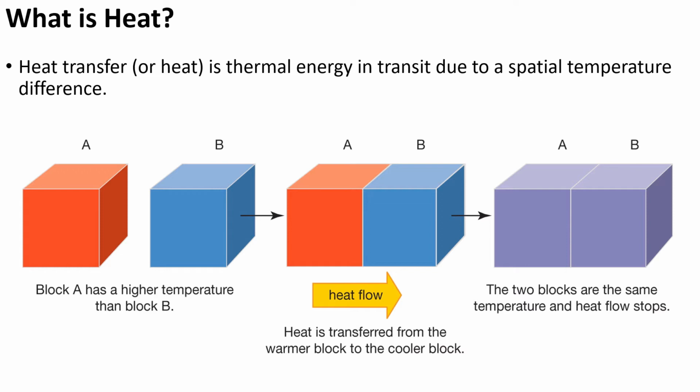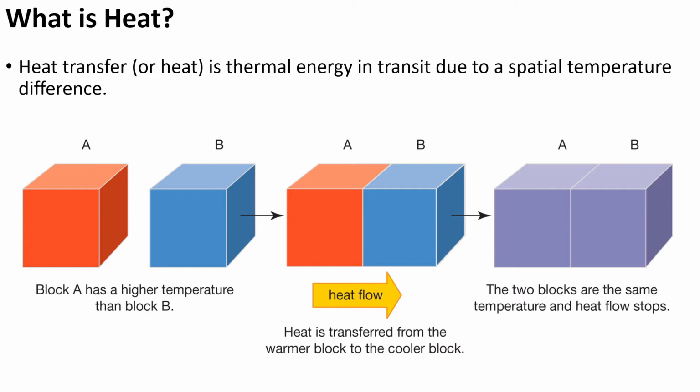This energy transfer, or heat transfer, will continue until the temperatures of both blocks become identical. It means when the temperature of block A becomes equal to the temperature of block B, then the heat transfer between these blocks will stop. No more heat transfer between these blocks.